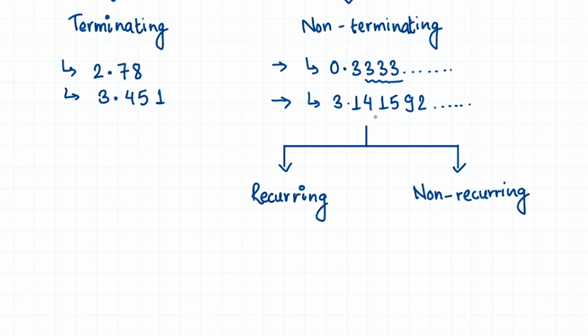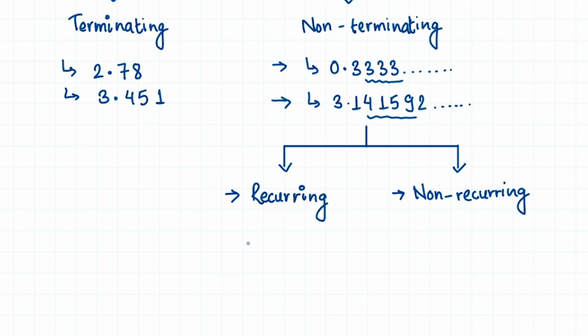Whereas in the second example, nothing is repeating. It just goes on and on and on. So if in a non-terminating decimal expansion a number or group of numbers repeat, then that is called a recurring decimal expansion. Whereas if the number or the group of numbers never repeat, then that is called a non-recurring decimal expansion, okay?